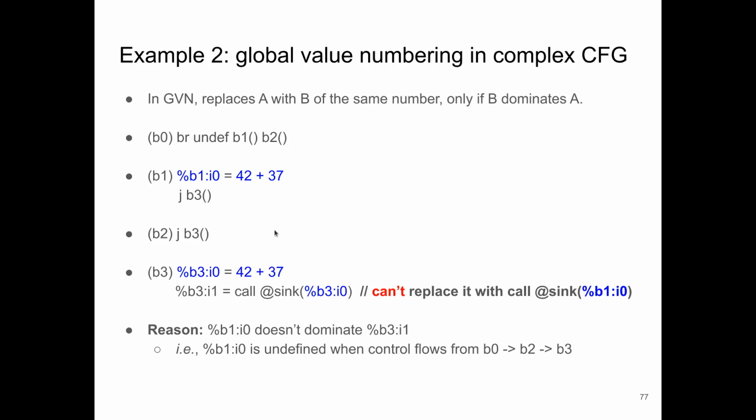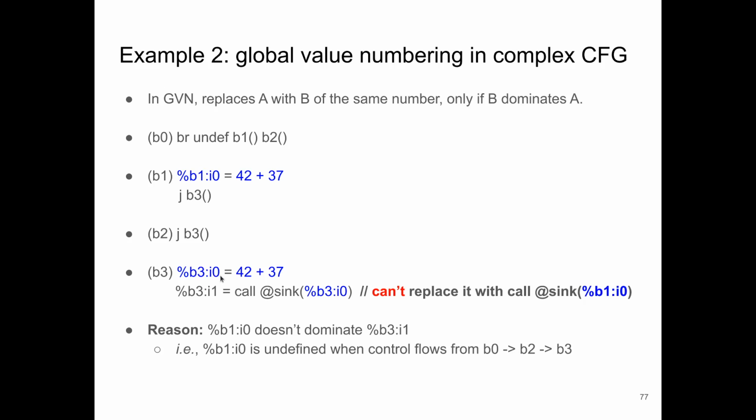You can now immediately see that B1's I0 and B3's I0 should have the same value, because by using the analysis we did for the previous example, by numbering the syntactically equivalent expressions to the same number, we can see that B1's I0 and B3's I0 should have the same value.